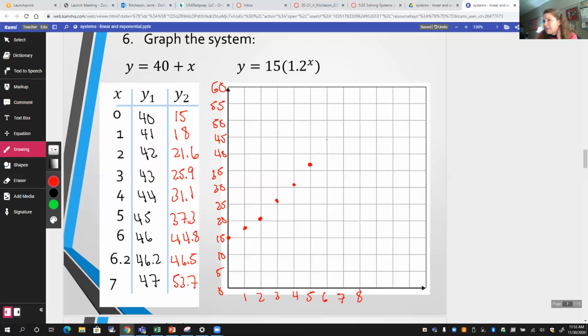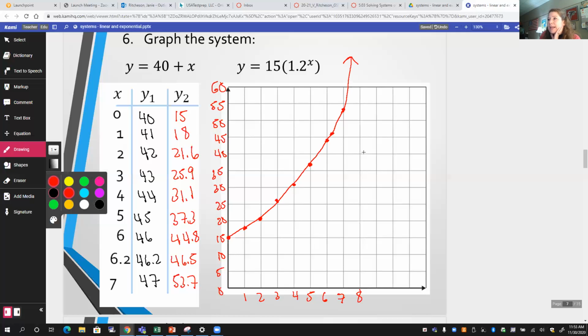Really close to 45. 6.2 and 46.5, about right there. And then 7 and 53, something like that. All right, so this is our curved one because it's the exponential.